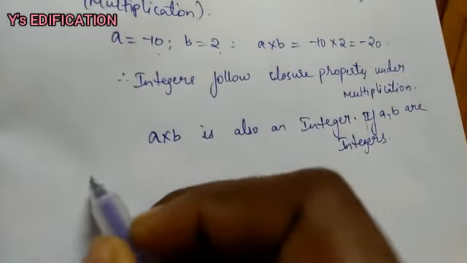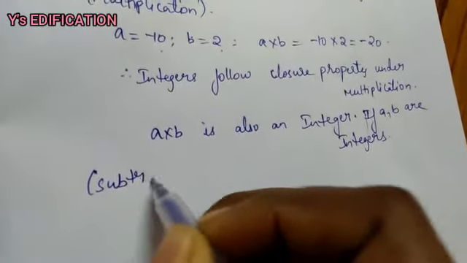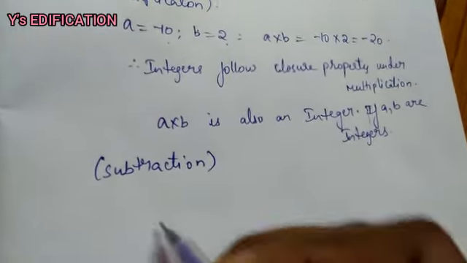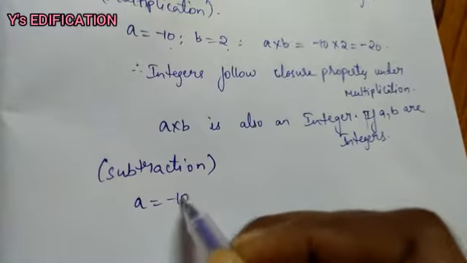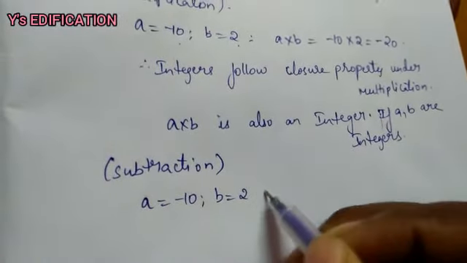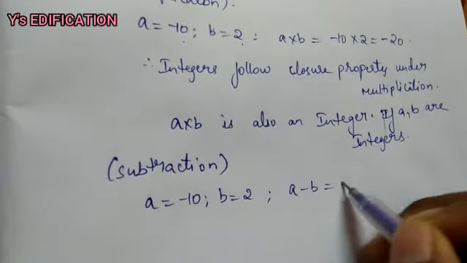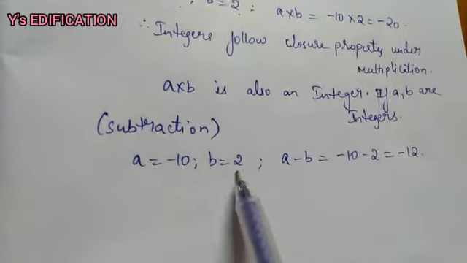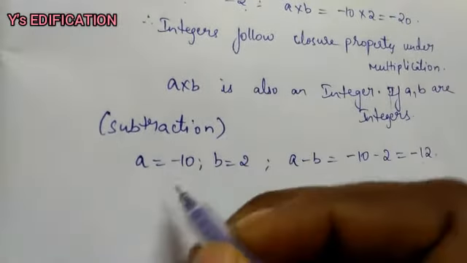And in the next case we will see subtraction. Again same examples. a is -10, b is equal to 2, a minus b, that means -10 minus 2 is -12. Here also when I apply two integers, the result is also an integer.